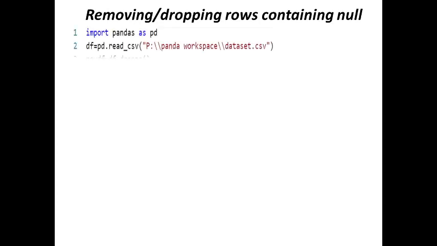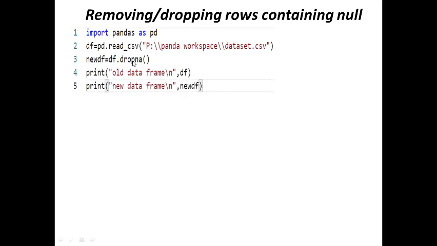Now let's see how to remove or delete rows containing null. So to remove rows that contain null, we use drop_NA function.